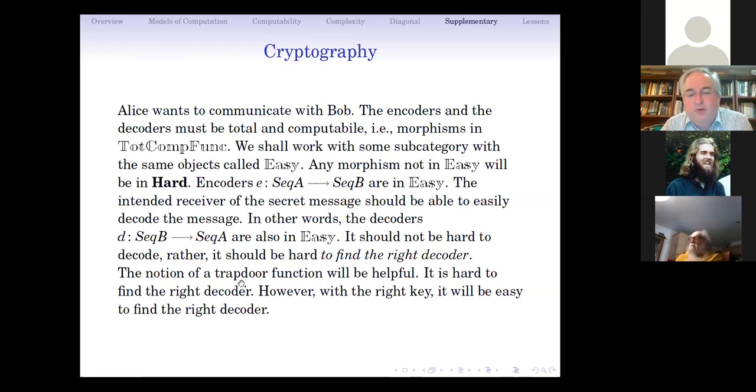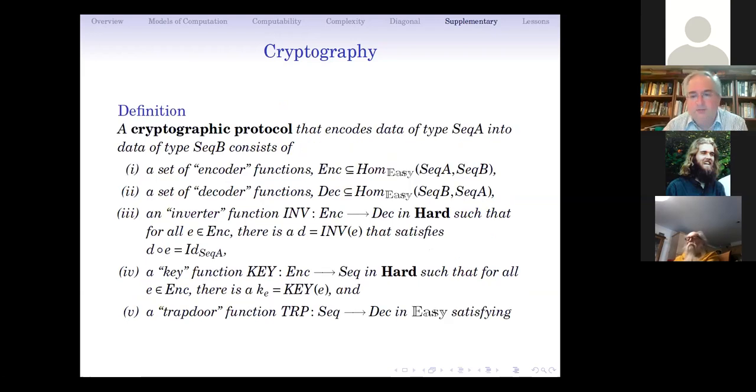The notion of a trapdoor function will be helpful. It is hard to find the right decoder. However, with the right key, it will be easy to find the right decoder. So let's formalize this in terms of categories. A cryptographic protocol that encodes data of type A into data of type B consists of a set of encoders, which are a subset of easy, a set of decoders, which are a subset of easy, notice going the other way, and here's an inverter function.